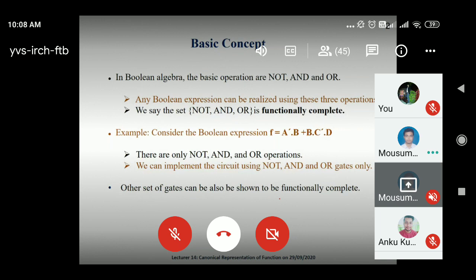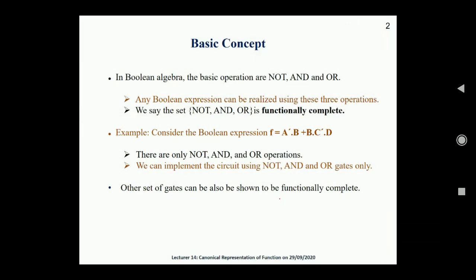Okay, obviously a Boolean expression is required to construct the circuit. But when we go to the circuit, you have to know how these gates actually work. Before that, based on the Boolean expression, how can we say which particular gates are functionally complete?